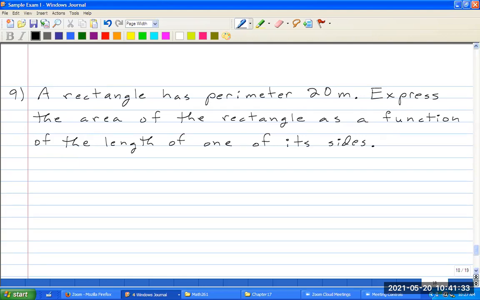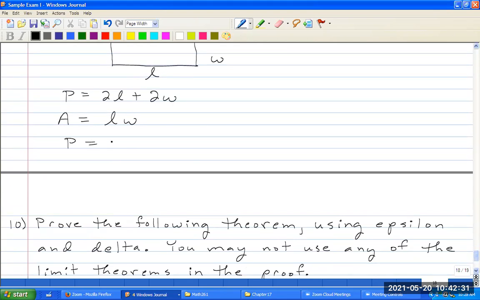Okay. Problem number 9. A rectangle has a perimeter of 20 meters. Express the area as a function. So the perimeter of a rectangle is 2L plus 2W, and the area is L times W. We're given that the perimeter is 20.